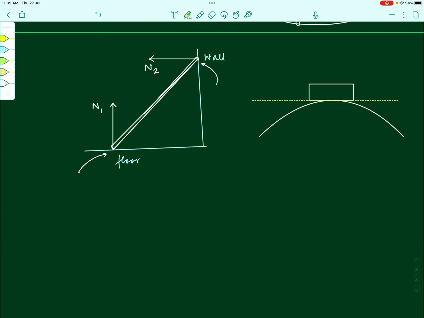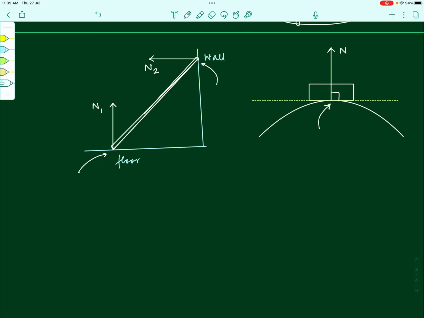So this is a tangent that I have drawn right at this particular place where the block is just in contact with the curved surface. And then what we do is, we draw a perpendicular to that tangent like this, and this perpendicular direction is actually the direction of normal reaction.